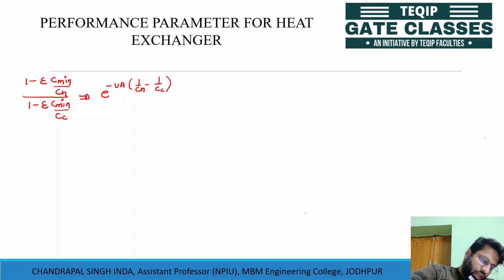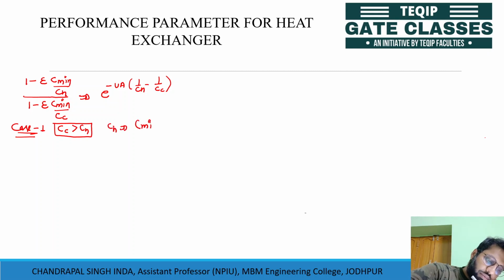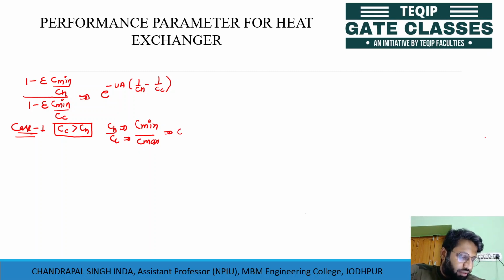So in case number first, I am considering that Cc is greater than Ch, means Ch is equal to the C minimum and Cc is equal to the C max, and the ratio is known as C. So let's find 1 minus effectiveness, and the value of Ch is C minimum.